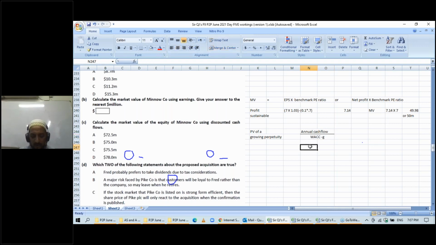So annual cash flow is 6 million divided by 0.12, the WACC, minus 0.04. So as I said earlier, some people will find the price of a company, a value of a company, using what cash they will be able to earn in the future from that company.